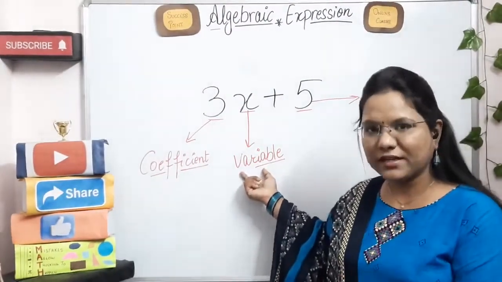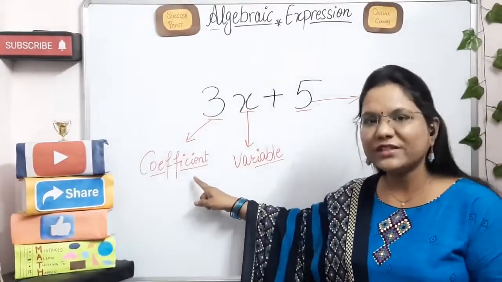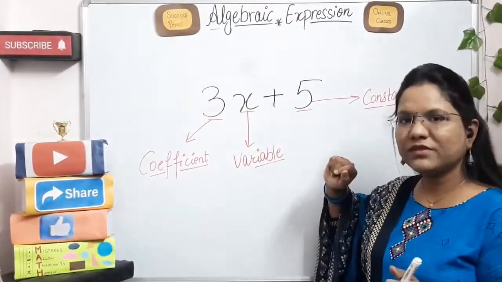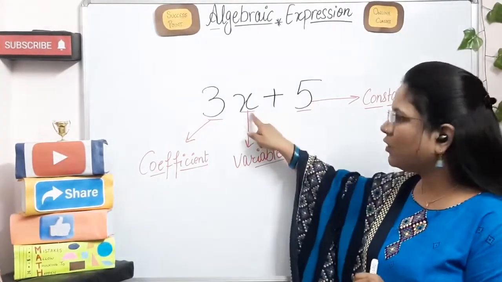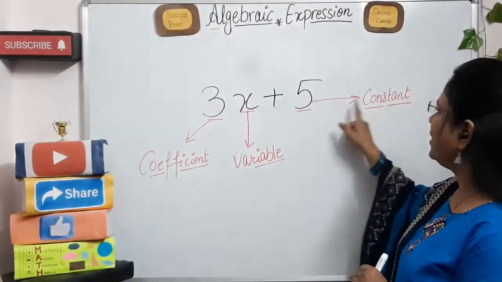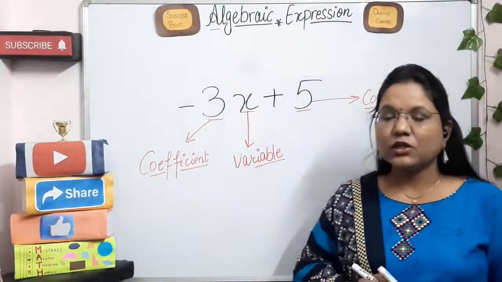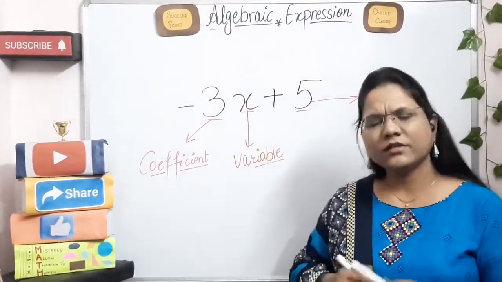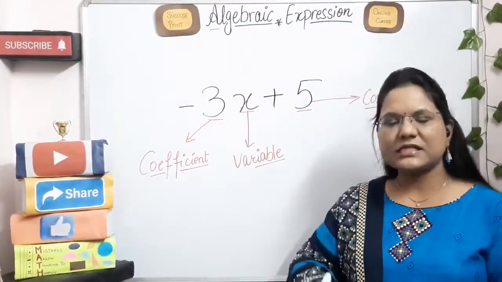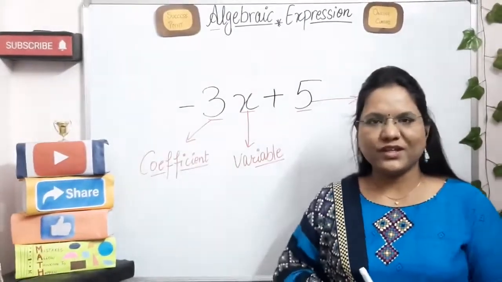If we get any numbers with variables, these are called coefficients. If the numbers come without a variable, they are alone, not with a variable, these are called constants. If I use a minus sign, can we say minus 3 is also a coefficient? Yes. If you get a minus sign or plus sign, these all become coefficients only.